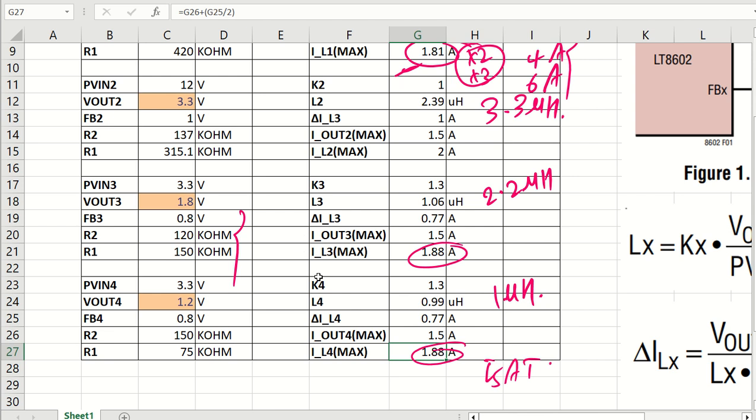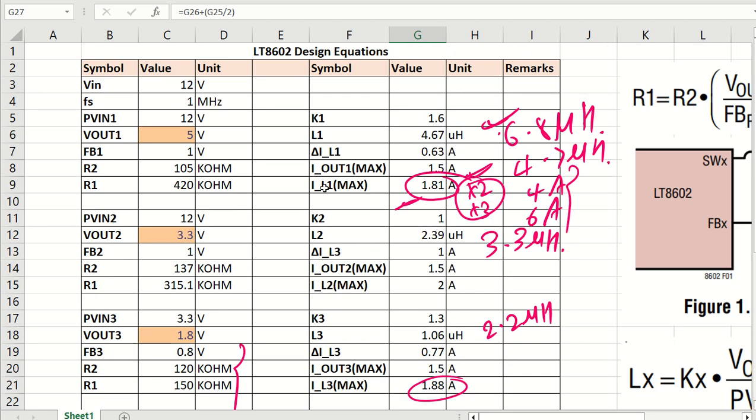I hope you have a good understanding of this particular calculation sheet. And if you do need to have a little different values, let us say my output voltage is required to be 7.5 volt. So for 7.5 volt, what you can do is, if R2 value you select to be 105 kilo ohm, then R1 will be considered to be 682 kilo ohm.